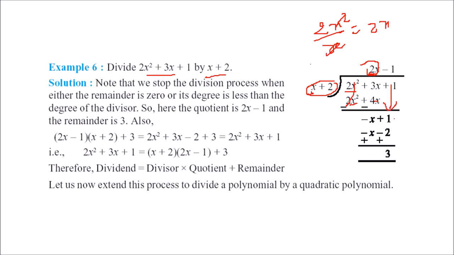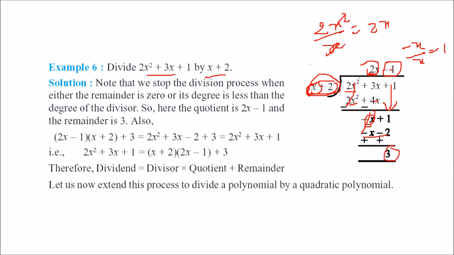Write it like this. Again, this is x, and this is minus x, so minus x. Take this and divide it by x. What do you get? Minus 1. You place minus 1 here, and multiply minus 1 by x plus 2 and write it here. So this will be minus x minus 2. Then subtract, and you get 3.